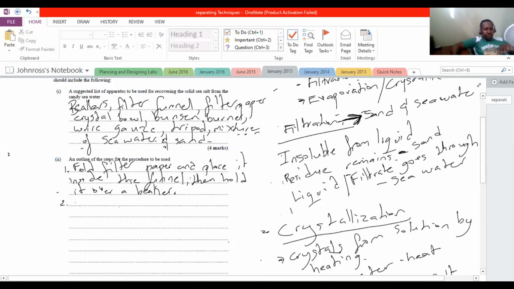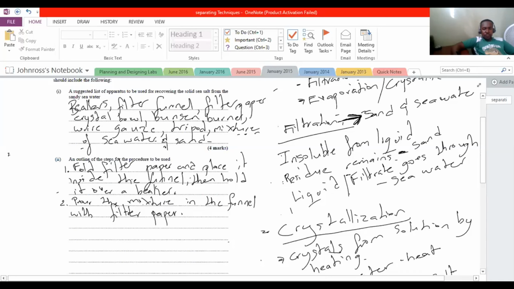Next, pour the mixture into the funnel with the filter paper.